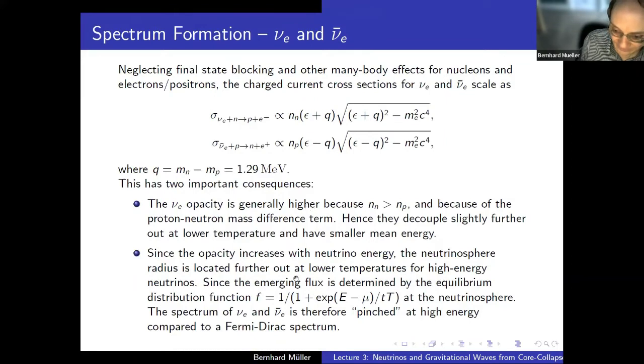So this is known as pinching. And if you're interested in the detector in inferring what the average mean energy of your neutrinos is and what the average cross section is, you need to be aware of this shape of the spectrum and parameterize this pinching accordingly. This is probably a good place to quickly stop for questions.